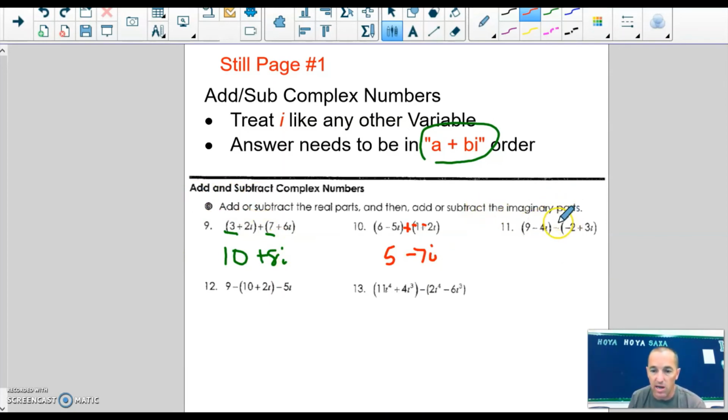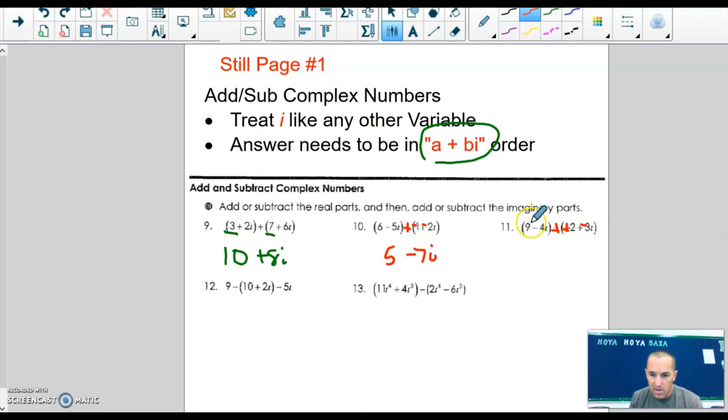All right, so let's do that again over here on this one. We take this subtraction sign and make it a plus. We'll change the 2 to a positive as well because it's a double negative, and the 3 becomes a negative 3.